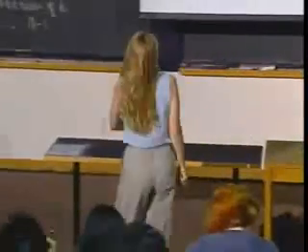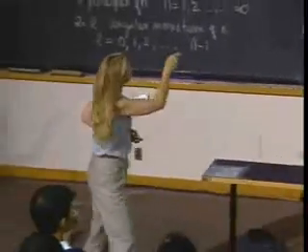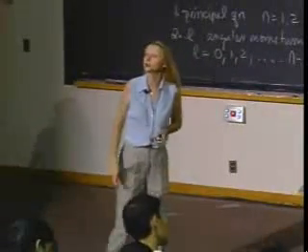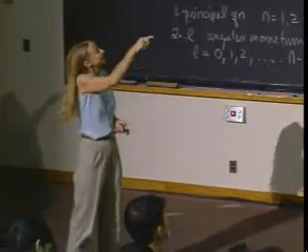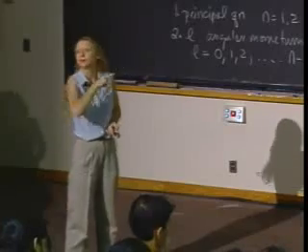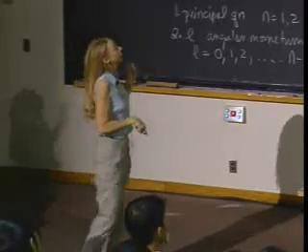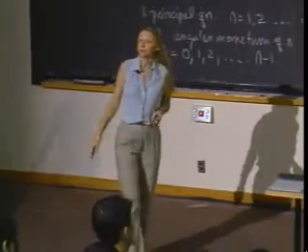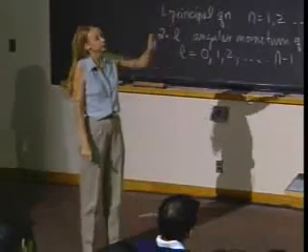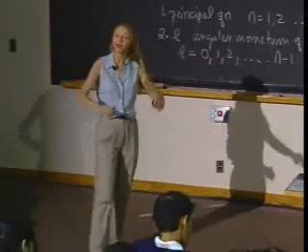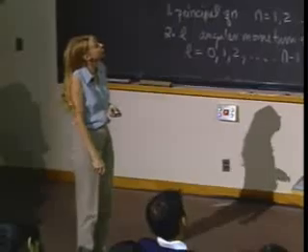So if n is equal to 2, and L, of course, can be equal to 1, what's the next smaller value that m can have? 0. So we have a 2, 1, 0 state. If an electron is in that state, the wave function describing that electron is psi 2, 1, 0.